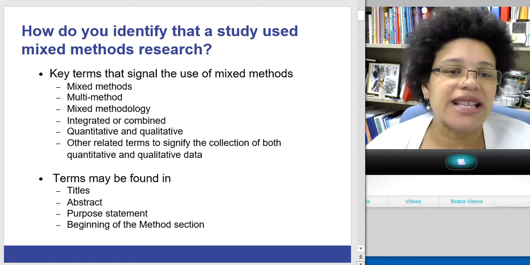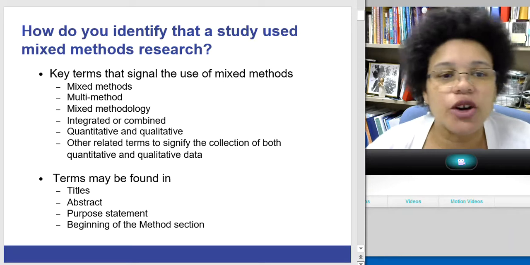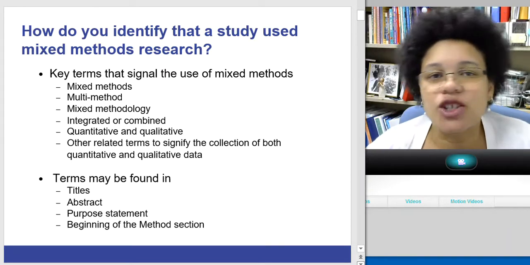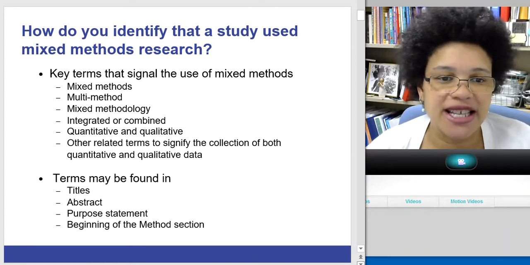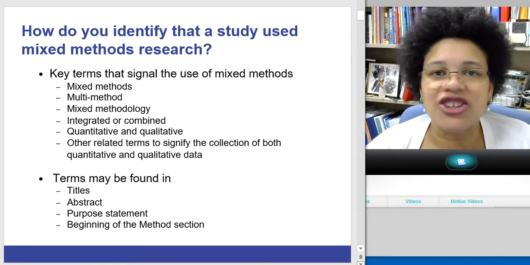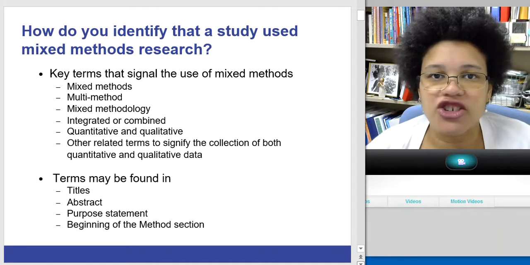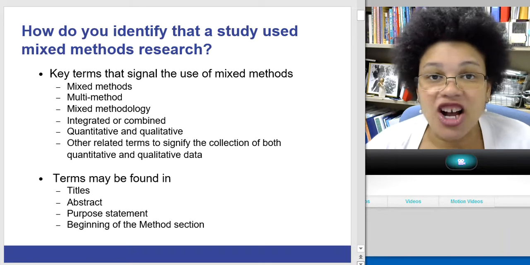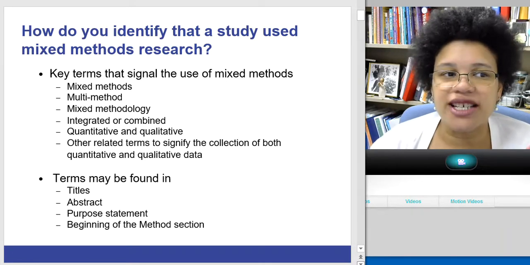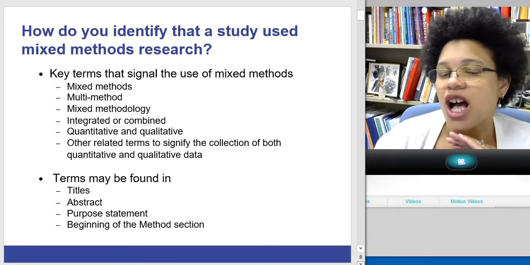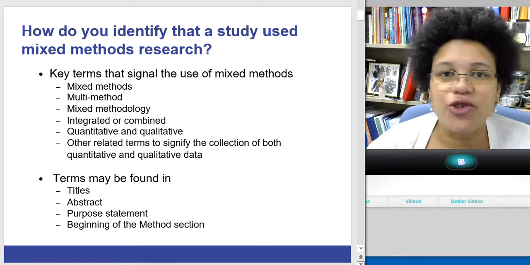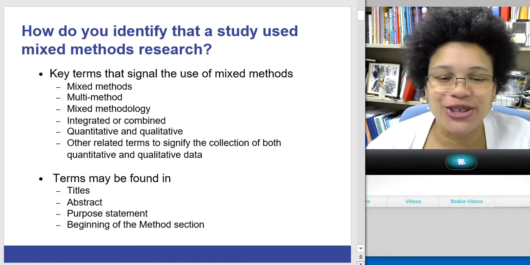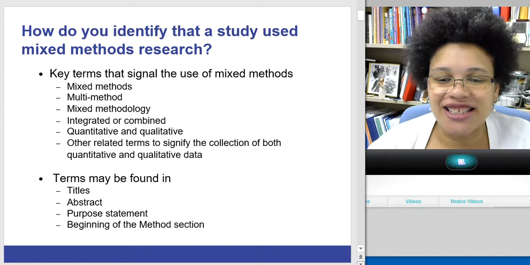And you'll be looking for terms like mixed methods or multi-method or mixed methodology, or we integrated and combined qualitative and quantitative methods, or other terms that are letting you know that they used both quantitative and qualitative. Now, another way I've used is if you look at the results section, if there are graphs and quotes, sometimes that's a pretty good clue that it's a mixed methods study.